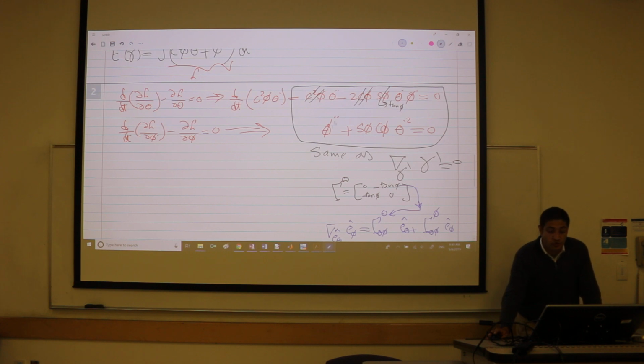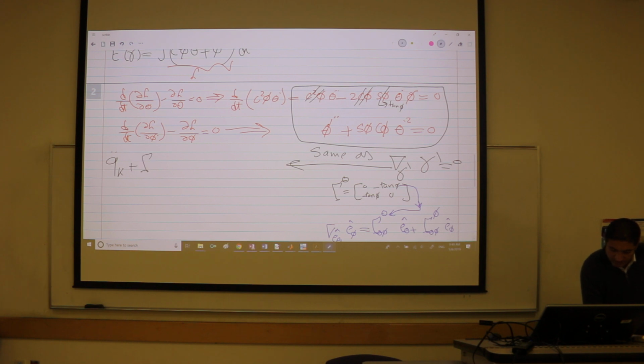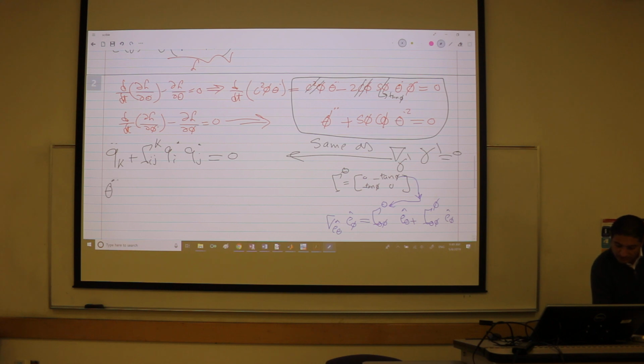But if you know a priori that such an equivalence exists, how do you write this equation? Well, this equation is q^k double dot plus gamma^k_ij q^i dot q^j dot is 0. In particular for theta, this will be theta double dot plus theta dot phi dot times some matrix times theta dot phi dot equals 0.